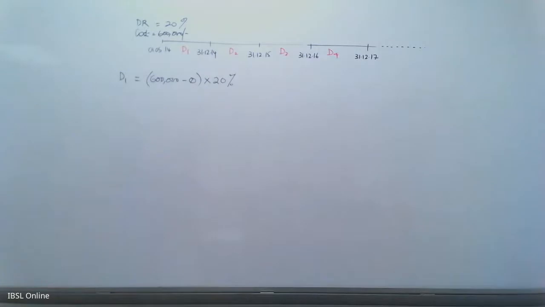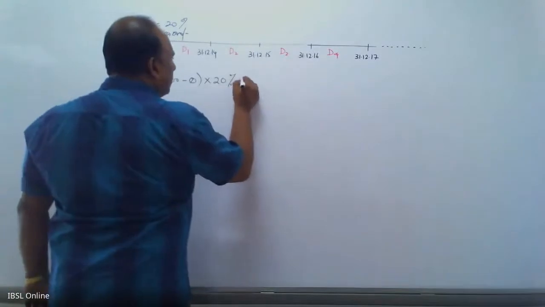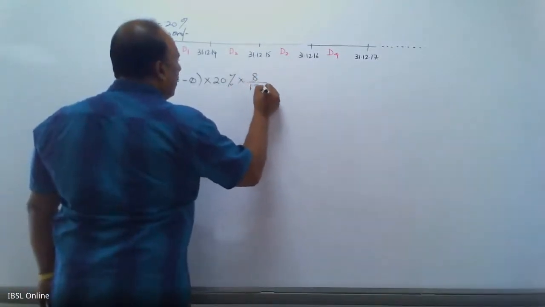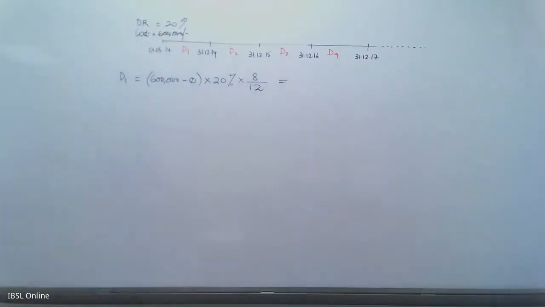It will be 8 months. Yes, because from May to December. So this is for 12 months, but I want to calculate only for 8 months. So shall we quickly calculate this?